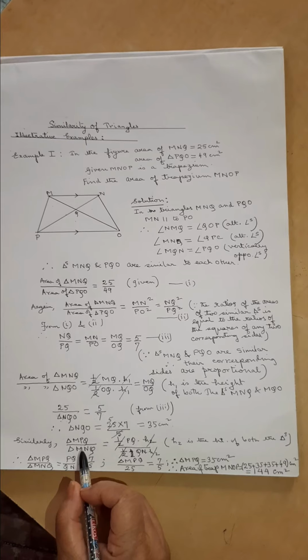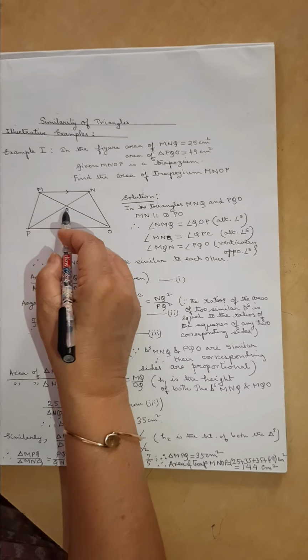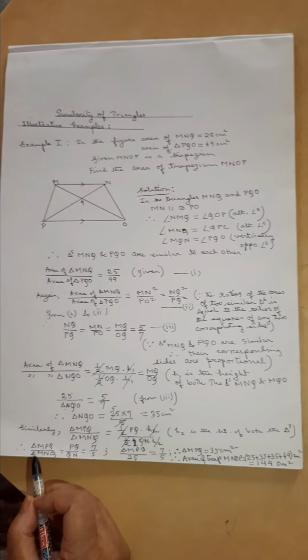Similarly, MPQ by MNQ is equal to half PQ into H2 by half QN into H2. H2 is the height of both the triangles.